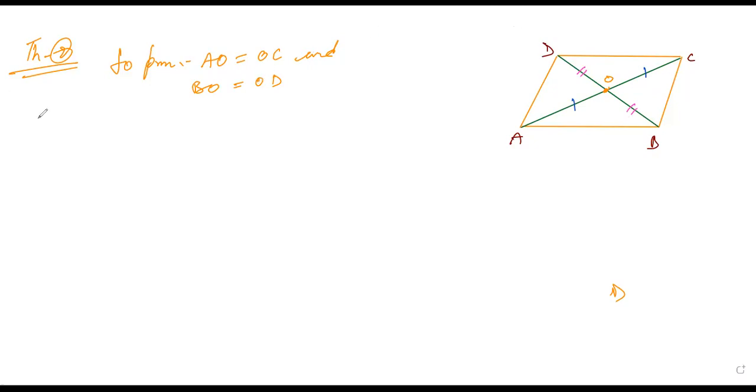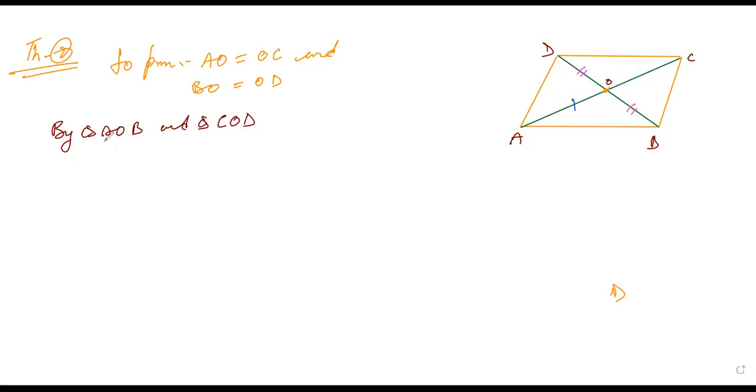So just a minute. Okay, so we go for triangle AOB, this triangle, and another triangle COD, this triangle. Now, in these two triangles, we have something equal from the previous things which we had understood.